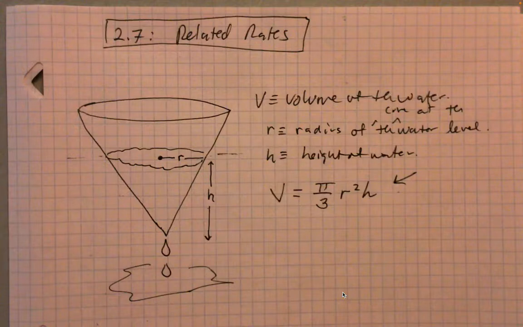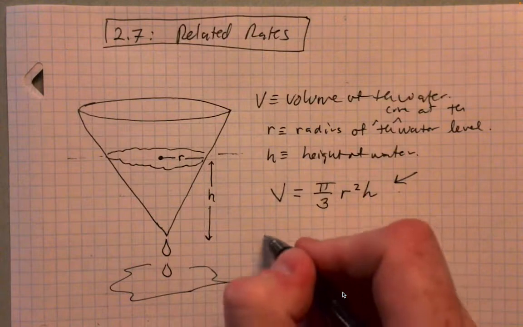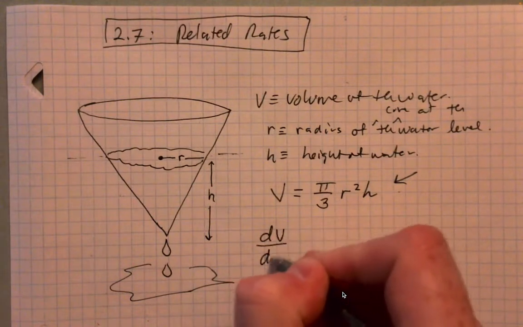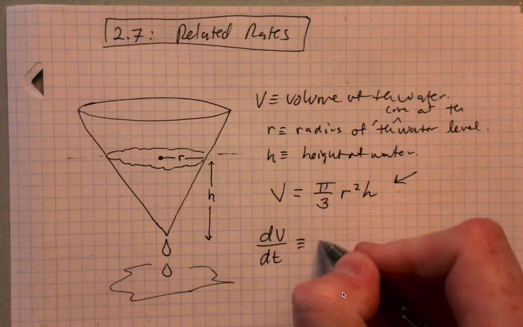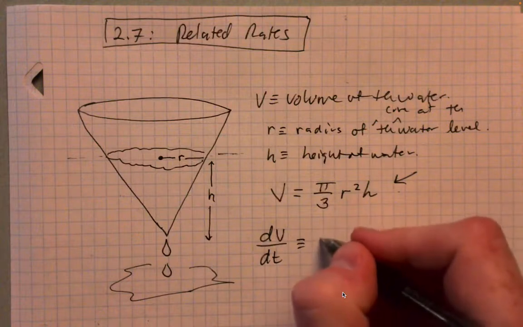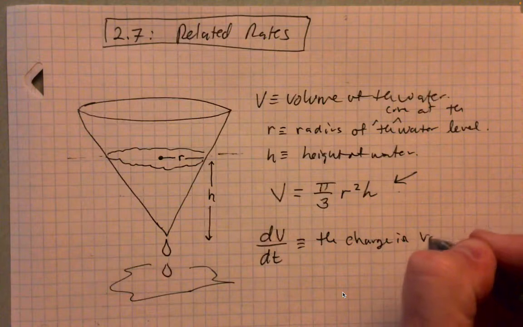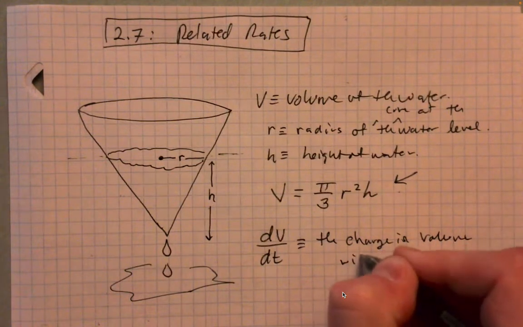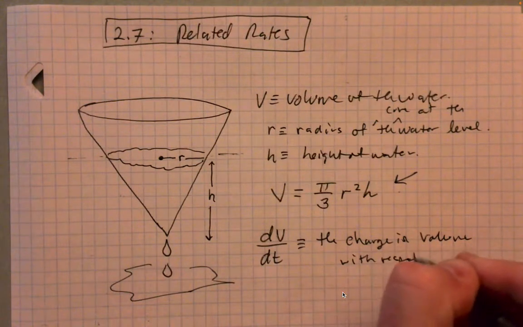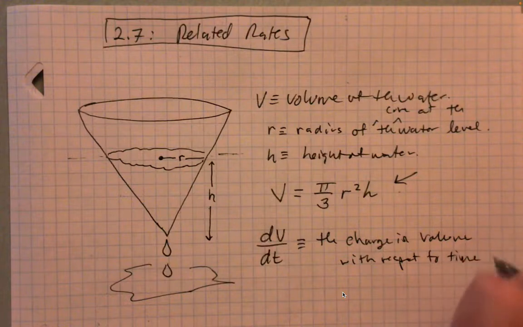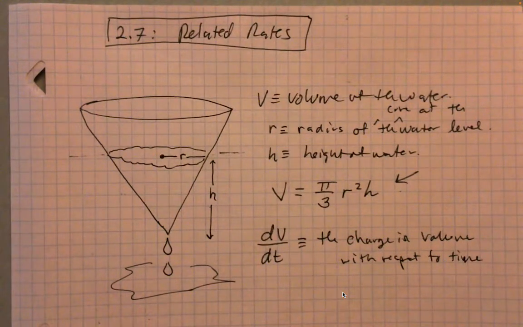Now, what we'll be interested in figuring out here is dV/dt, the change in volume with respect to time. It's also obviously the derivative of V with respect to t.